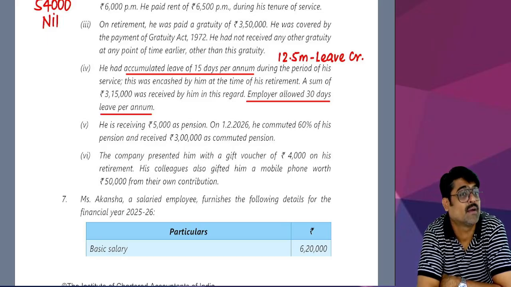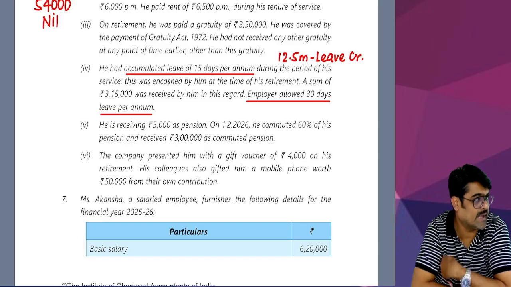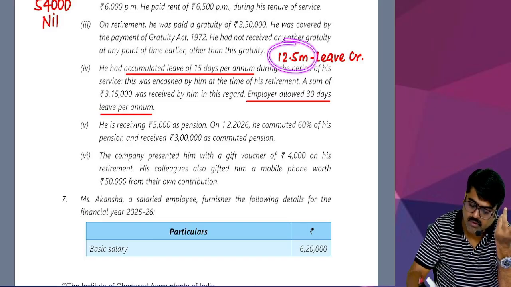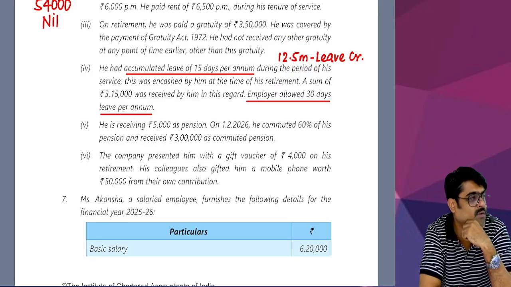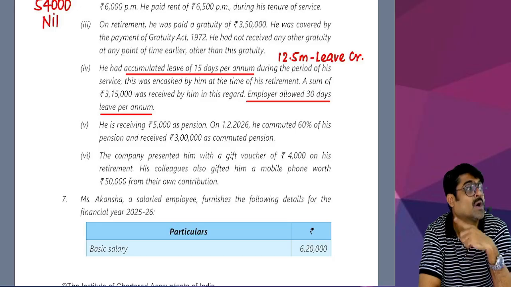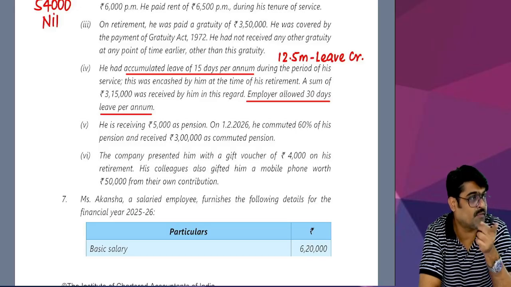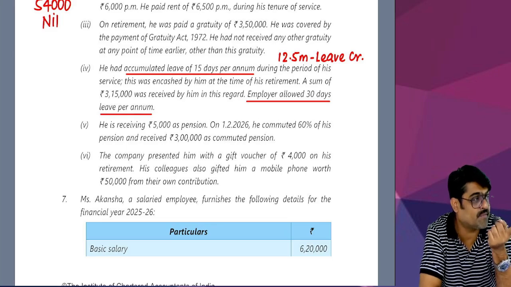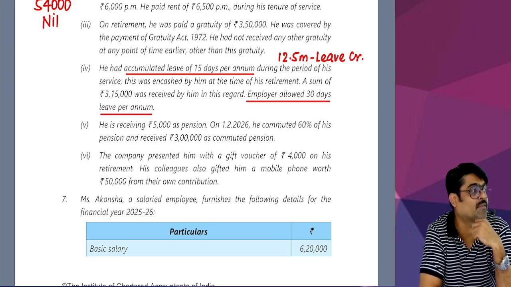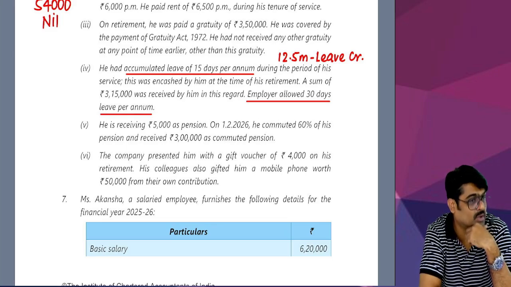And C, average salary 25,000 into leave credit. And how much is the leave credit? 12.5. So 12.5 into 25,000 will give you 3,12,500 or 2,50,000 or 25 lakhs or 3,15,000, whichever is lower.